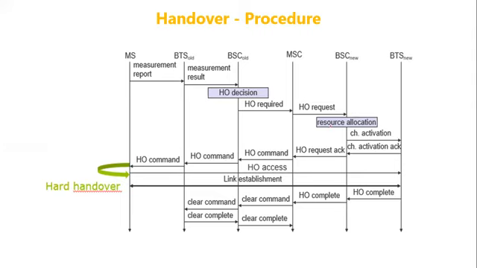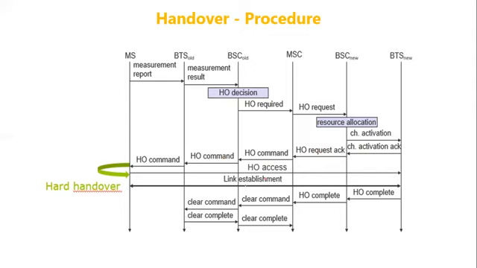BSC new will now allocate the channel and also activate the channel, and its activation is acknowledged. So now there is an acknowledgement for the HO request. Then there are HO commands.